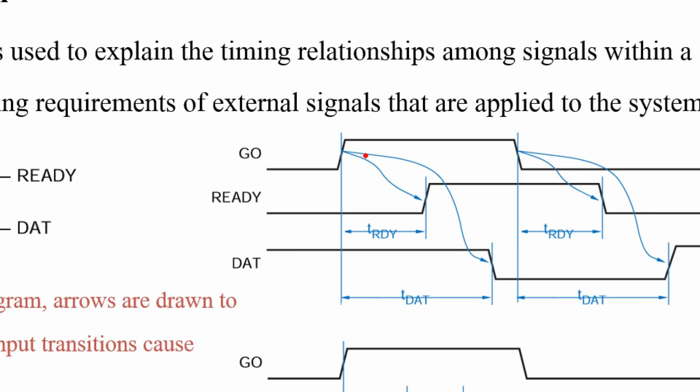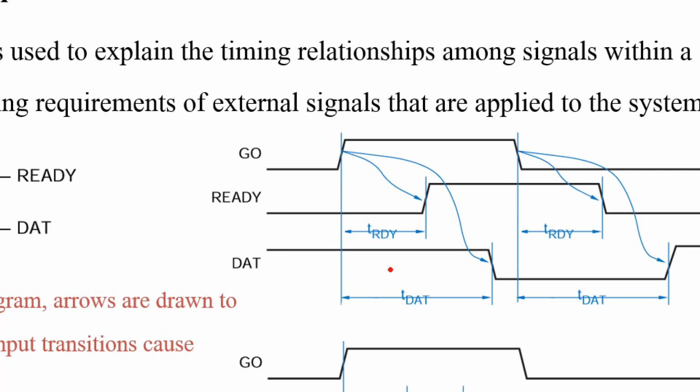So we can write that this ready, it changes when go changes. So we draw some arrow, right, to show that the change is caused by this input change.